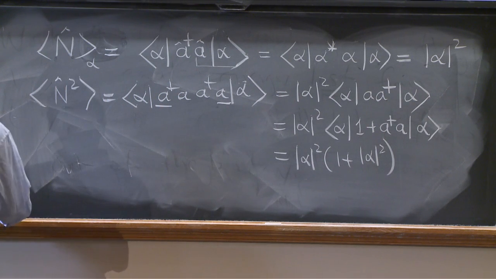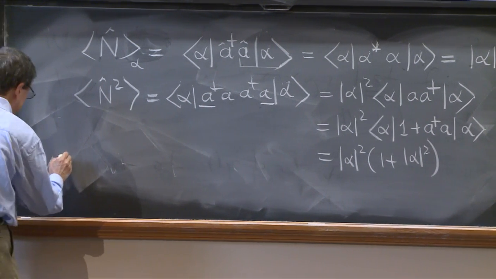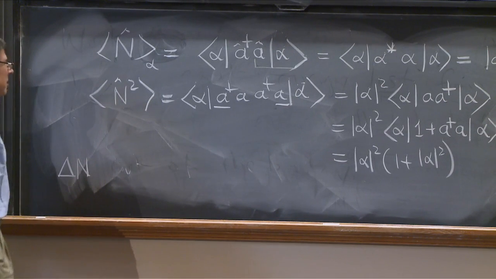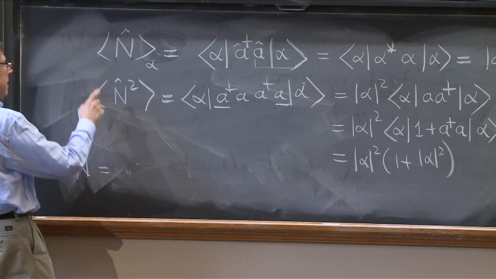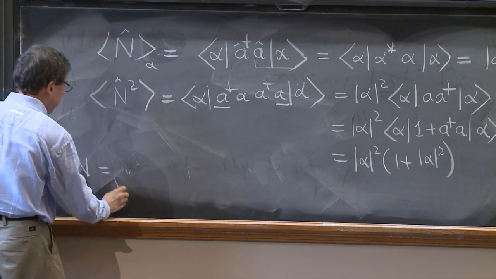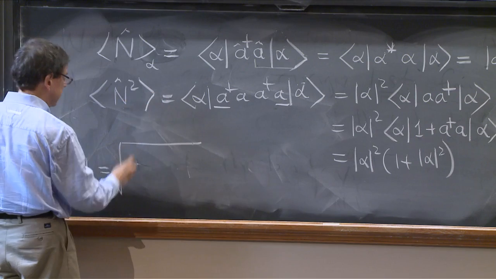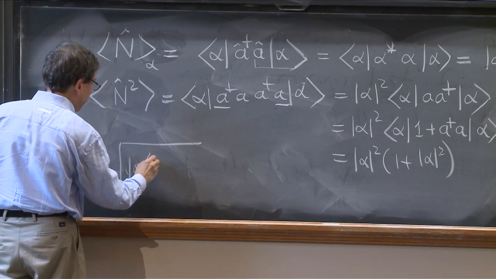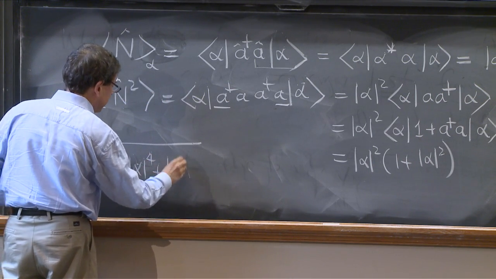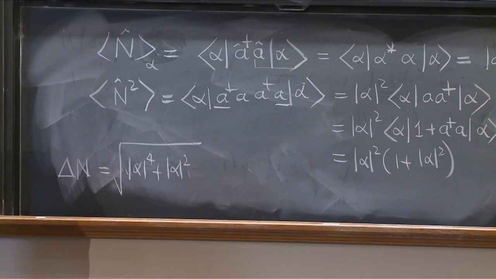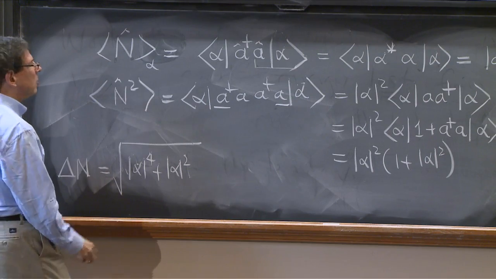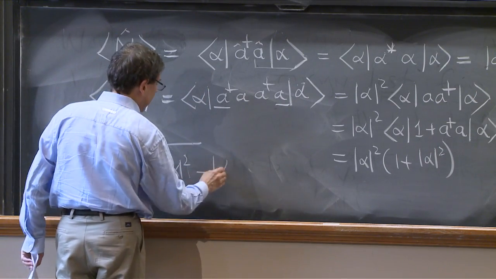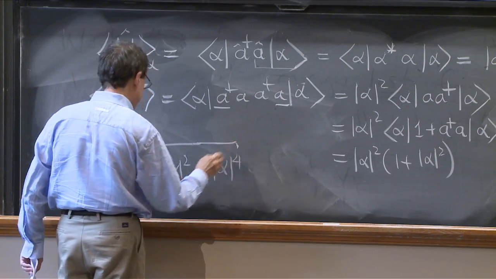All that because we're actually interested in what is delta n, the uncertainty in n, in the coherent state. And that would be the square root of this, which is alpha to the 4th plus alpha squared, minus the square of the expectation value, which is minus alpha to the 4th.